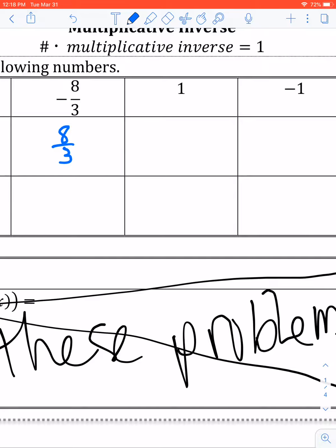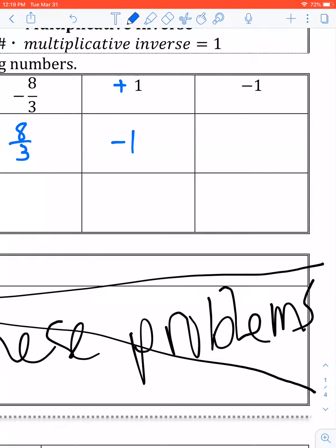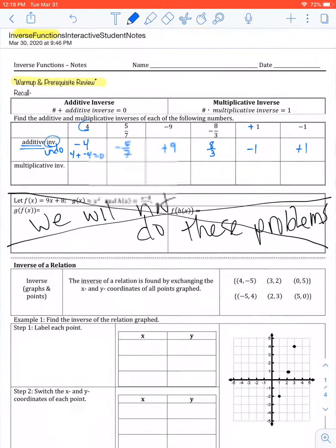How do you undo adding a 1? By subtracting a 1. And last but not least, if you're subtracting 1, how do you undo it? You would add 1. In each of those cases, the add and the subtract undo and cancel to give you 0. So that was everything about an additive inverse.